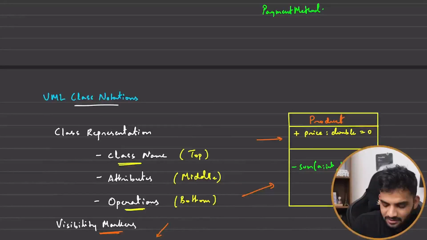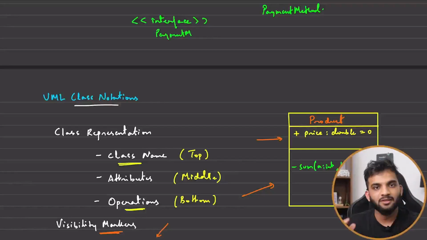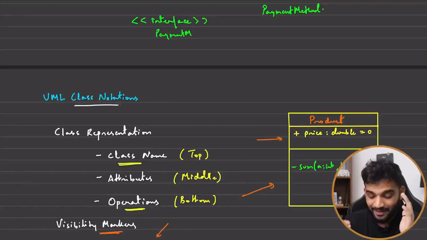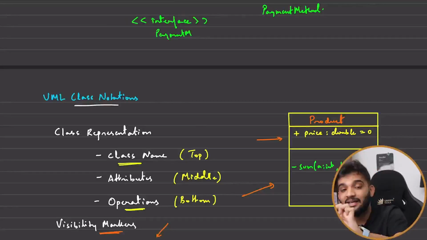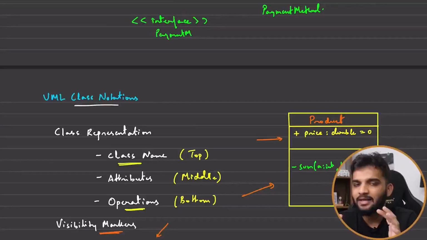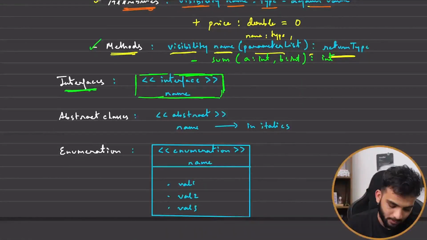What you'll be writing is, the top compartment will look like interface followed by the name, which is payment method. That is going to be at the top compartment, and this is mandatory so that we can recognize that, okay, this is an interface. Understood? Perfect. So we know about interface as well.